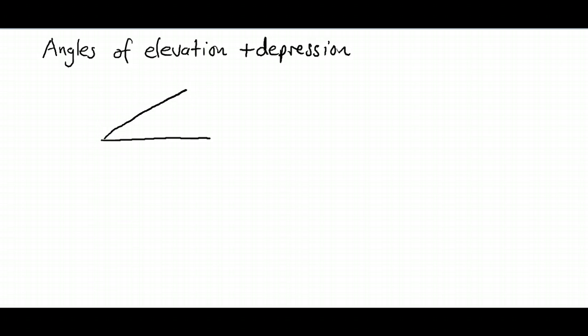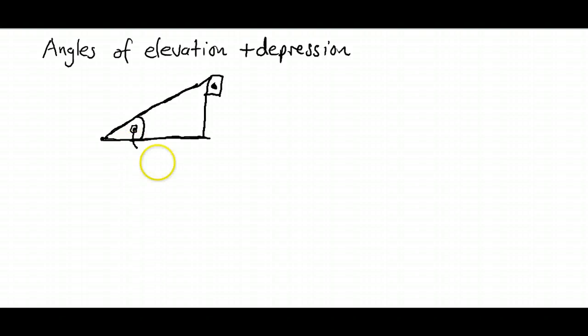So, for instance, if I was looking at a flagpole, and I want to know how high is the top of that flagpole, then I can say, well, here's the ground along the bottom here, and I'm going to draw a line from me. I'm down at this end of the line. I'm going to draw a line up to the top of the flagpole. Okay, and the angle of elevation is the angle between the flat ground and the top of the flagpole.